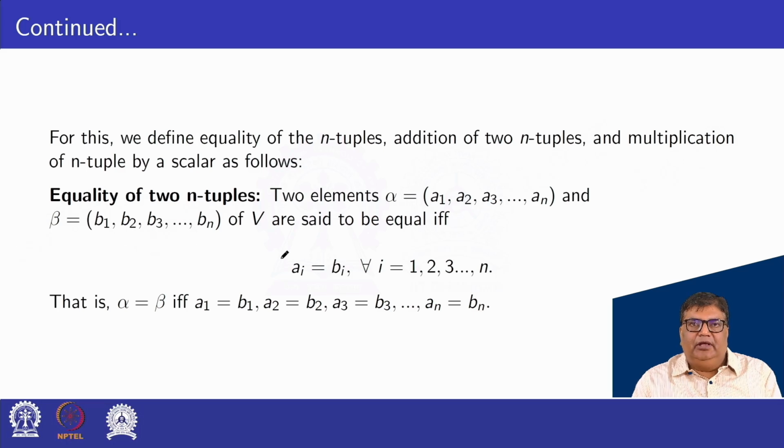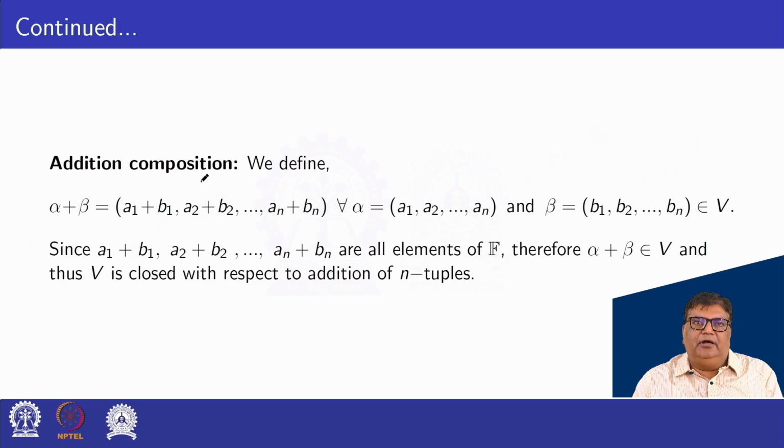That means a1 = b1, a2 = b2, a3 = b3 and so on, an = bn. Then we say that the vector alpha equals the vector beta.